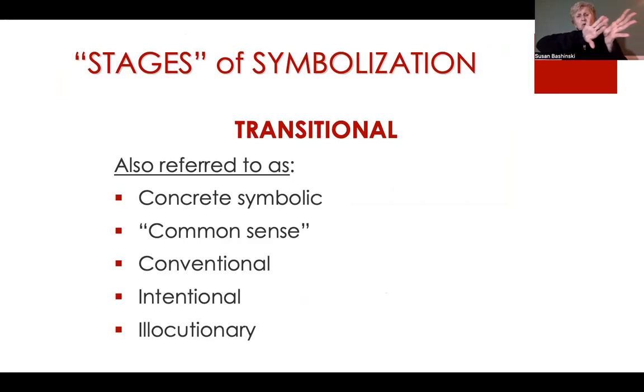It starts to move towards symbolic communication. Common sense kind of things. Like I say, kind of doing one of these to say hello or goodbye. Behaviors start to become intentional, not intentionally communicative, but kids do things on purpose. And again, in that speech path terminology, this is called illocutionary.